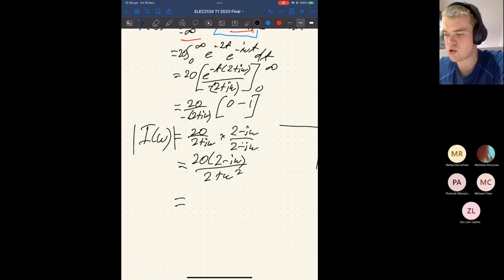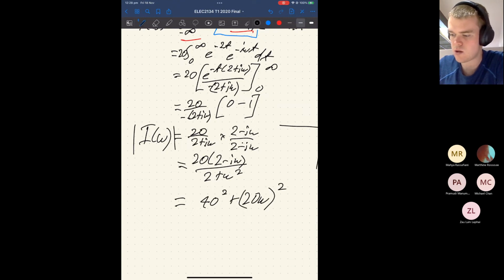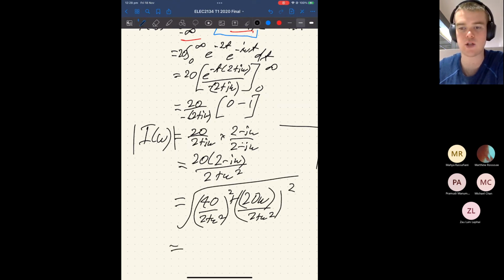So it is equal to 40 squared plus the 20 omega squared, all over 2 plus omega squared, and then we want to square that and take the square root of that to get a magnitude.